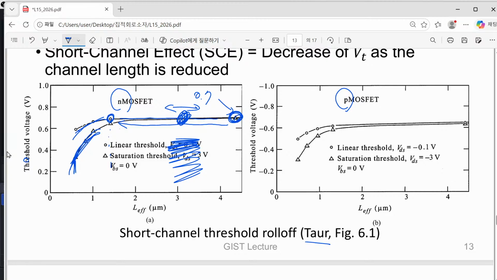Once again, you can ask me this question. Yes, I understand. Now my device can show, for example, 0.3 volt or 0.2 volt or 0.4 volt in its threshold voltage, although I wanted to have 0.3 volt. But is it really problem?